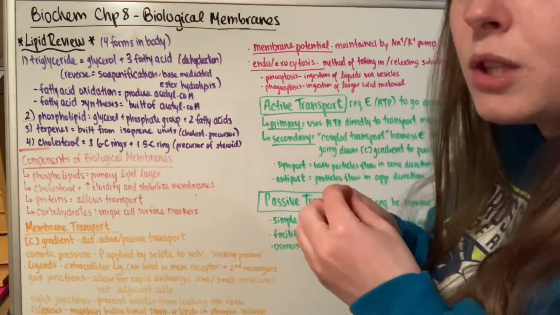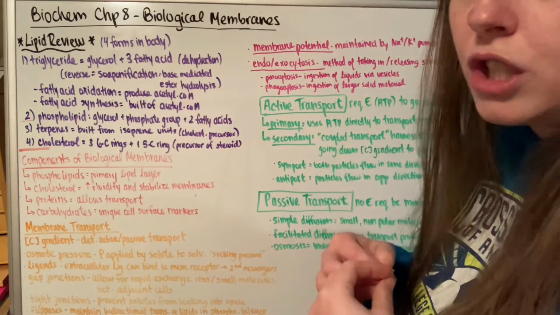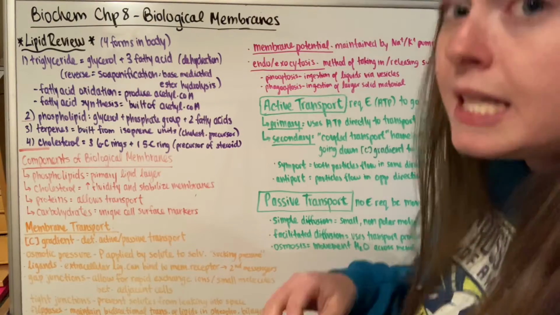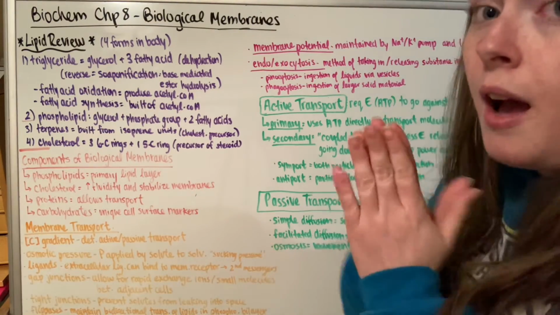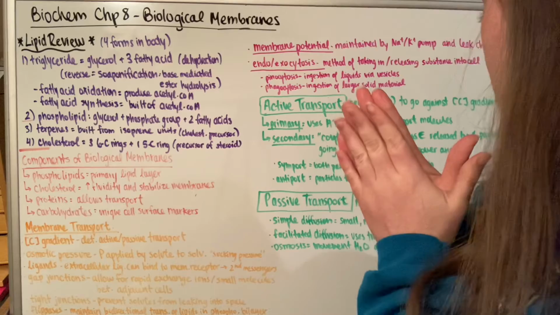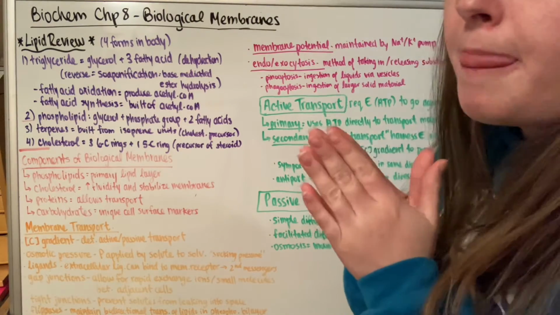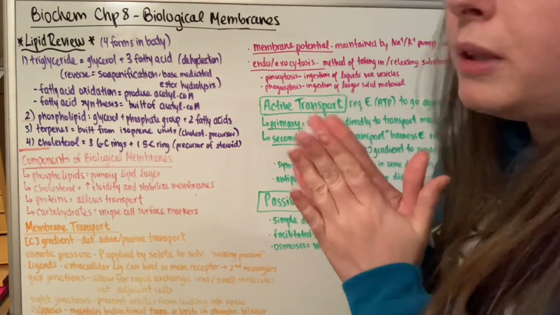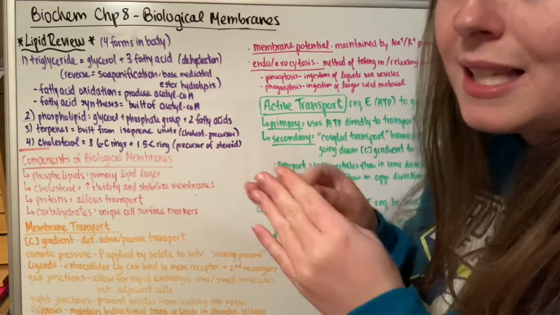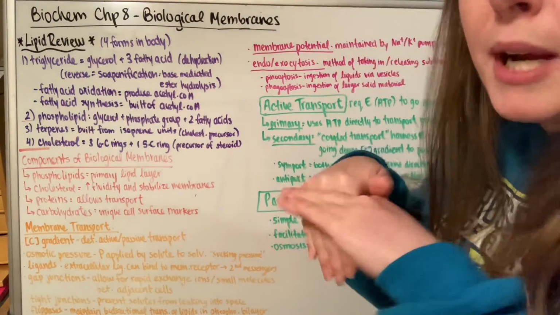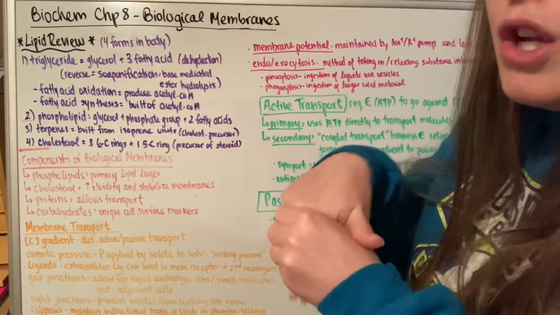So even if it is going with its concentration gradient from high to low concentration, sometimes additional protein channels or just protein transporters need to be used depending on the polarity of the molecule or the size. It might not necessarily be able to just go through the membrane. It might need a specific channel to go through.